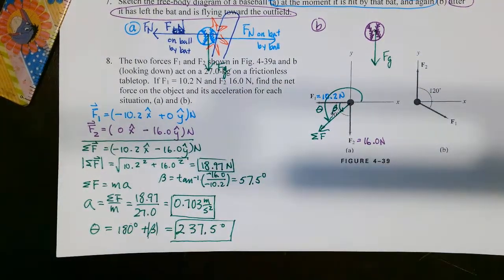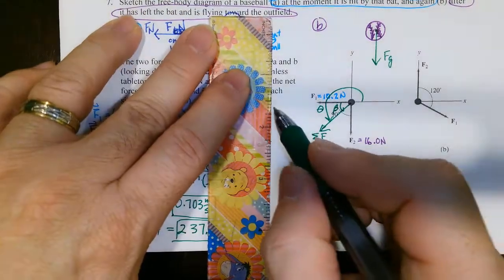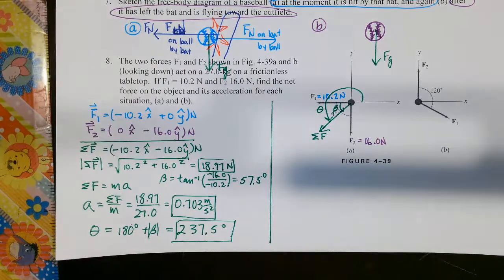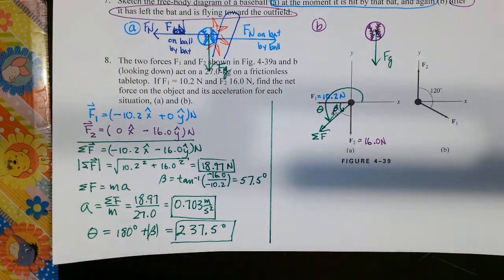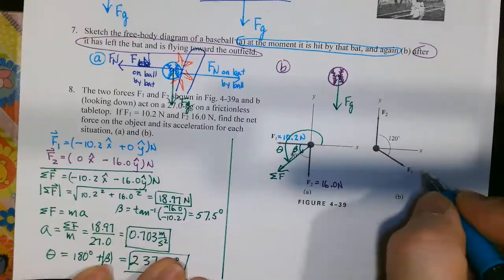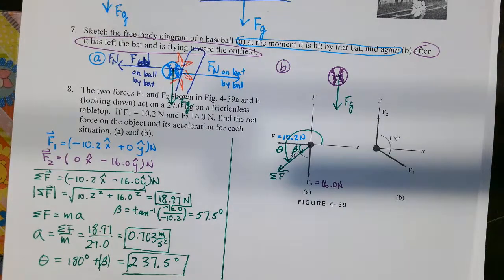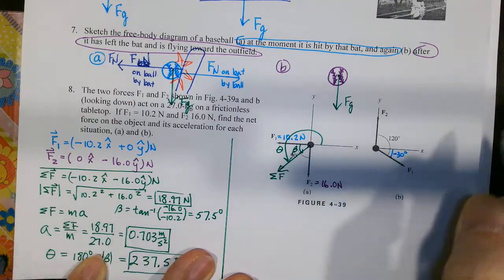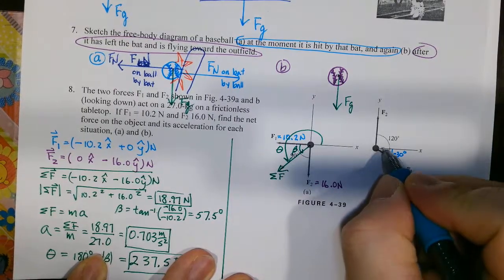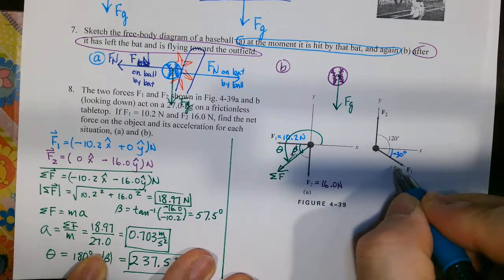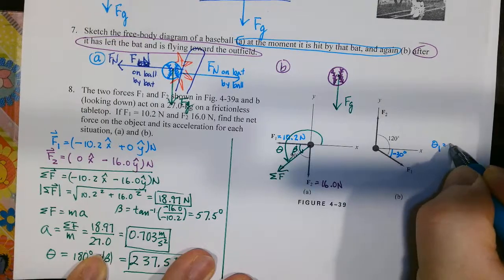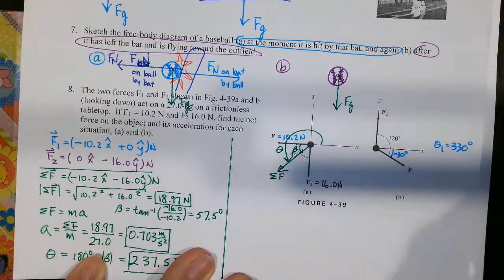So now let's take a look at the second one. Your F1 in Cartesian form, this angle here happens to be negative 30 degrees, or simply this theta 1 is equal to 330 degrees.